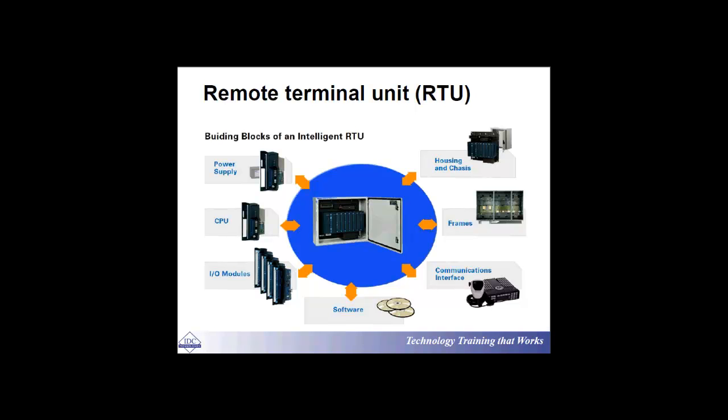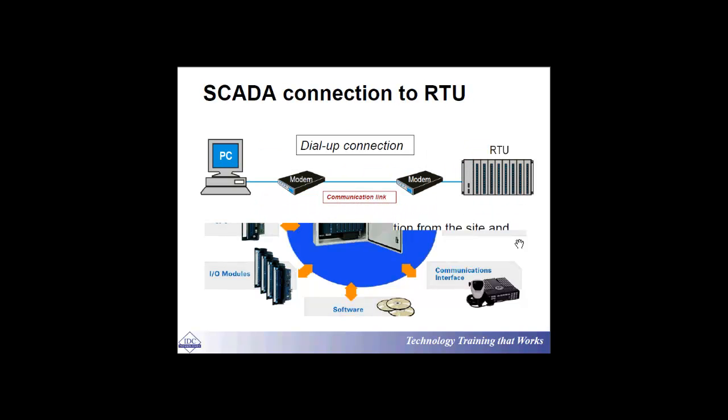It should have a software, of course. That's a computer, at the end of the day. It should have some means of communication like those serial ports. It's got a frame, and of course it's got a chassis. So that's the building block of RTU.